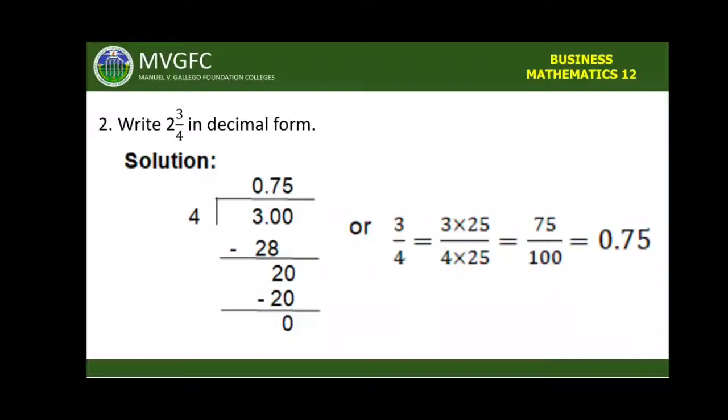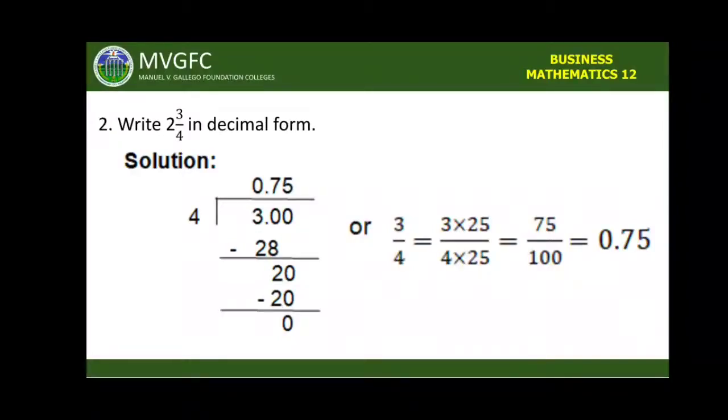So 30 divided by 4 is equal to 7. And 7 times 4 is equal to 28. 30 minus 28 is equal to 2. Bring down again 0. So we have 20. 20 divided by 4 is equal to 5. And 5 times 4 is equal to 20. So we have 20 minus 20 is equal to 0.